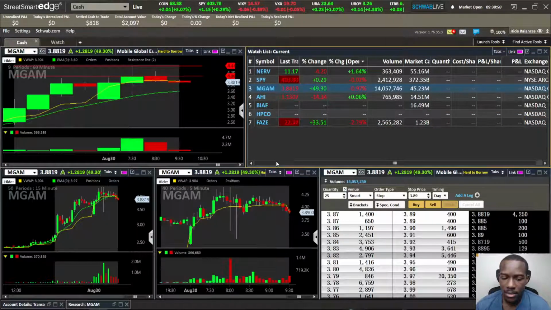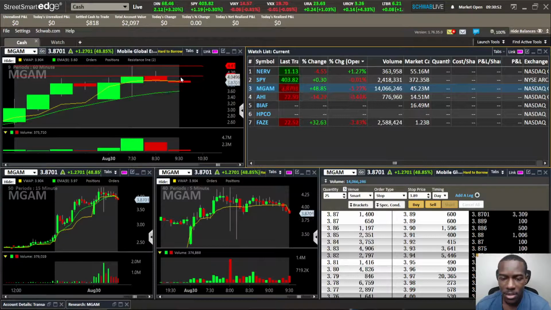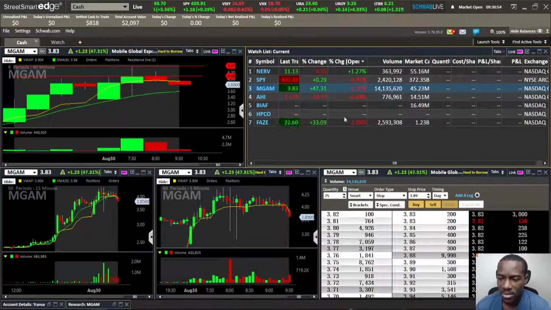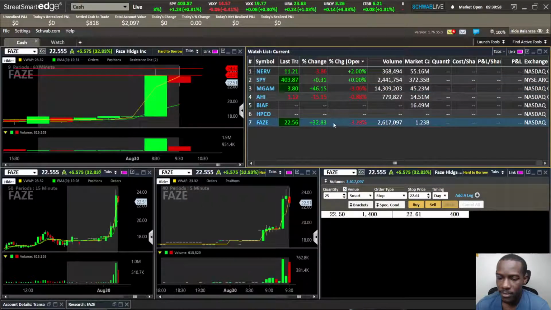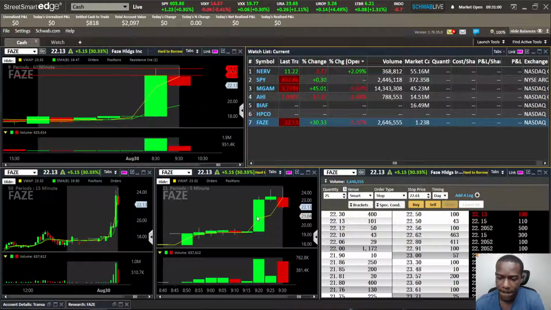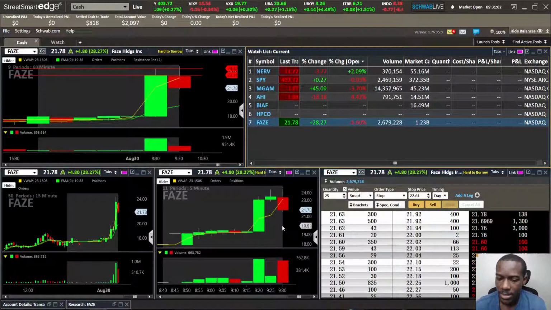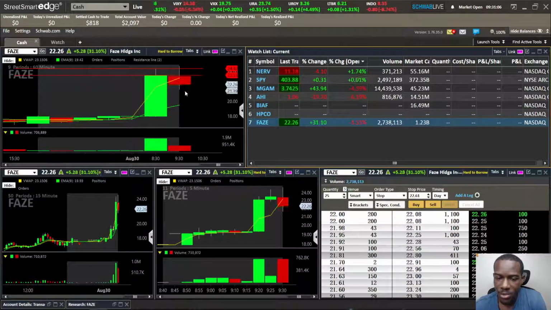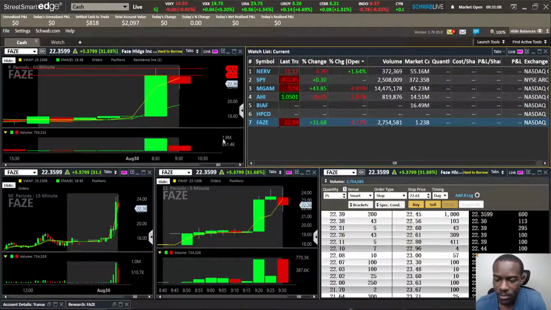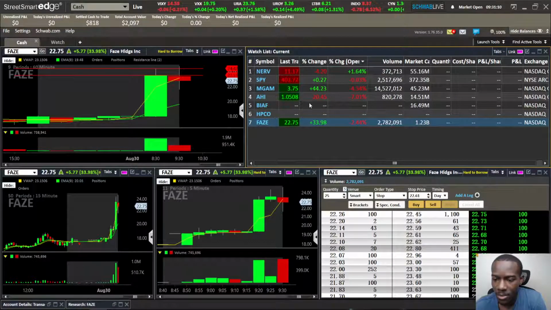MJAM is also under its short resistance as well. Both of these going red on the day out of the open. 23, so it's already down 6% there. Big $2 rip down, trying to get bought back up, but red on the day.